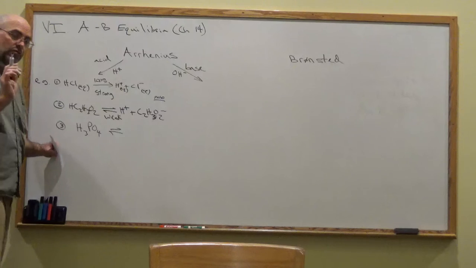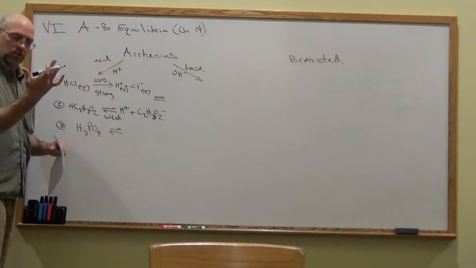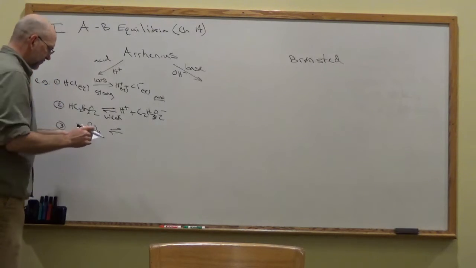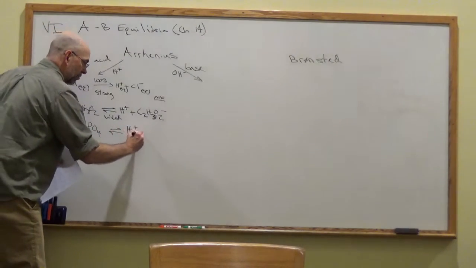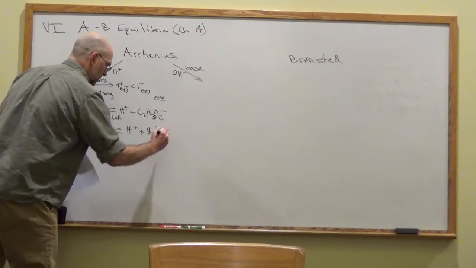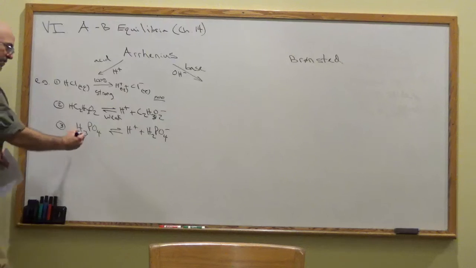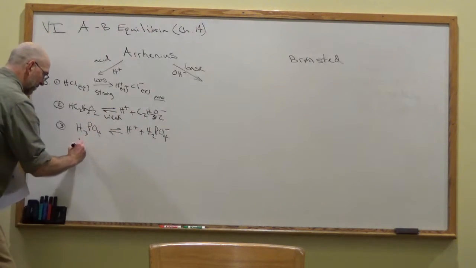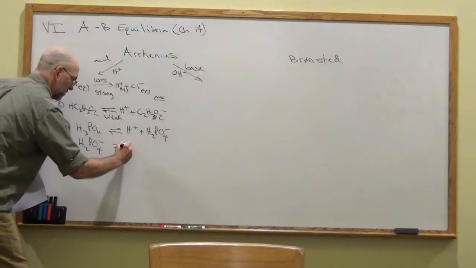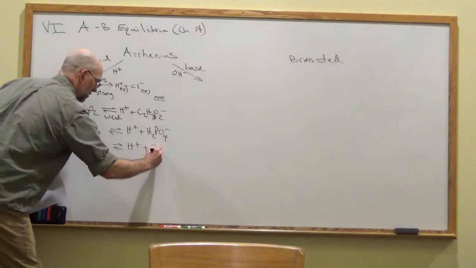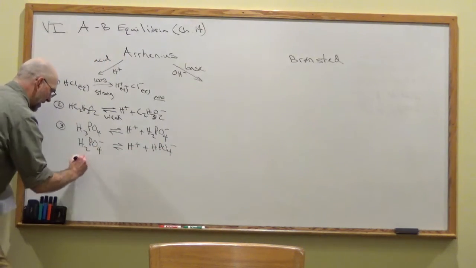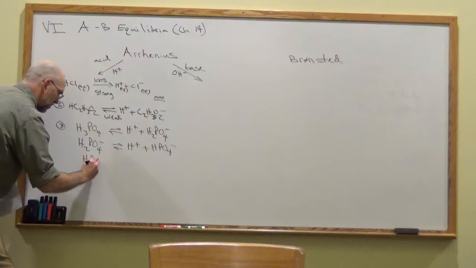Phosphoric acid, which if you look at the side of a can of soda, you'll see. There's a lot of phosphoric acid in soda, which is not really all that good for you. This actually is a triprotic. So it'll give off one, but then it'll give off another one, so that ion then comes down and then it actually happens a third time.